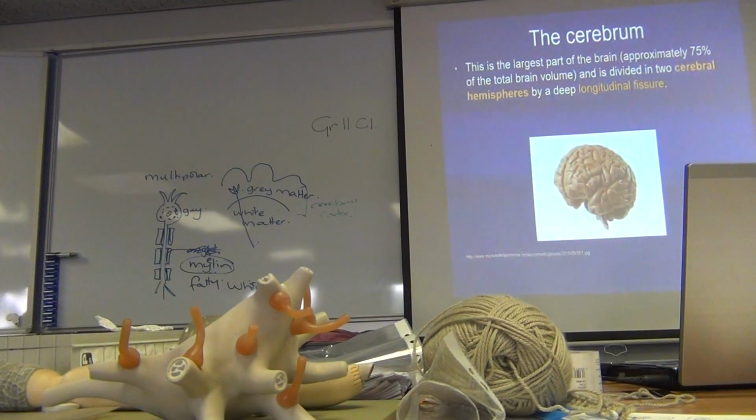Okay. I said to you that it's clearly divided. It's not just divided for the purposes of this model, but it is very clearly divided by a very deep longitudinal fissure.